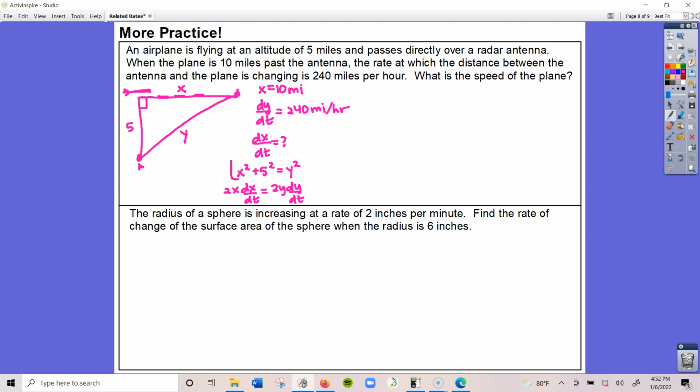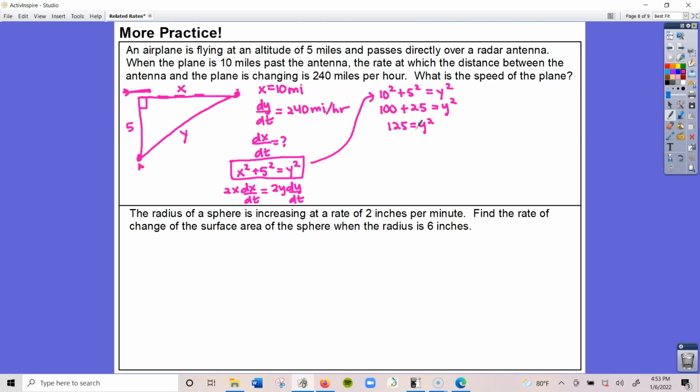So in order to find the y, I'm going to use here my equation for the Pythagorean theorem. They're giving us that x is 10, so 10 squared plus 5 squared is going to equal y squared. 10 squared is 100 plus 5 squared is 25 is equal to y squared. So this is 125 is equal to y squared.